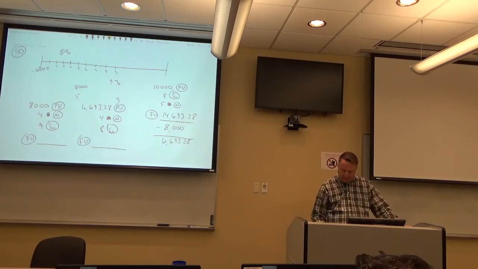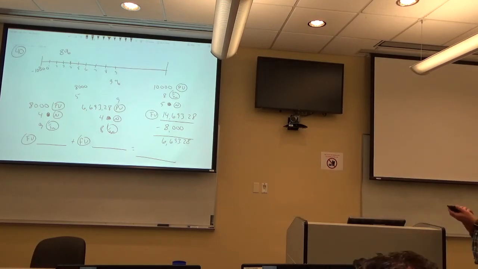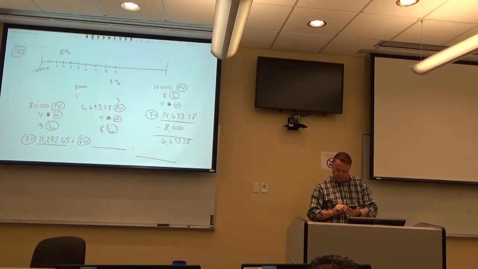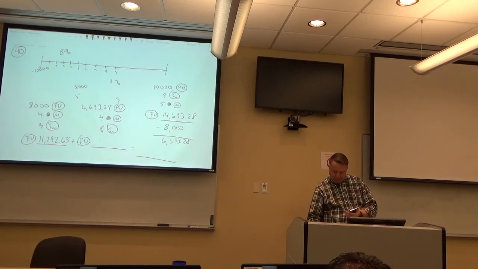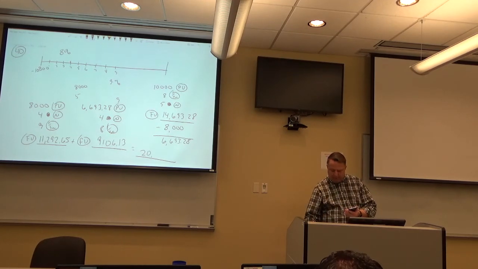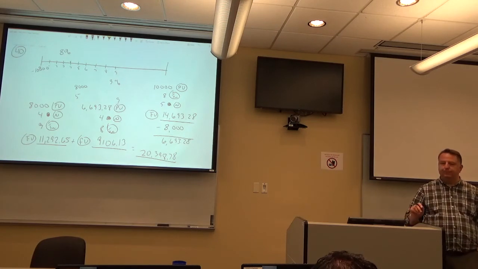Solve for future value for that, add those two together, and then we've got our answer. So the total, 20,398.78. Okay. Make sense?